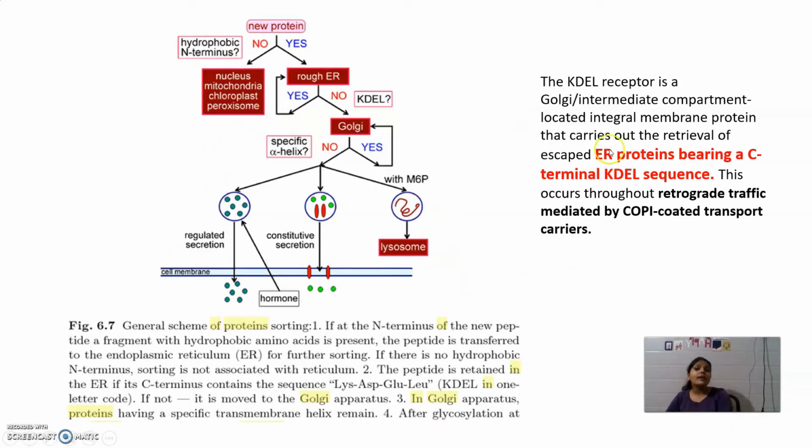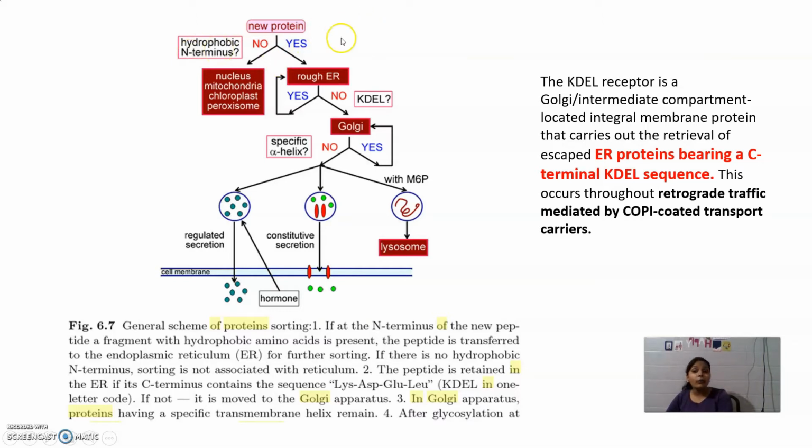Let's proceed forward. How does this sorting take place? First of all, whenever a new protein is synthesized, it is checked whether the N terminus of the protein is hydrophobic or not.